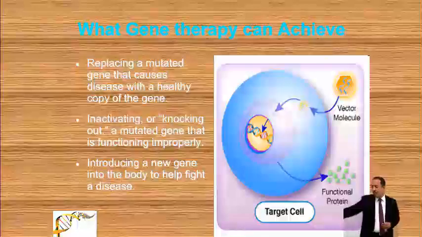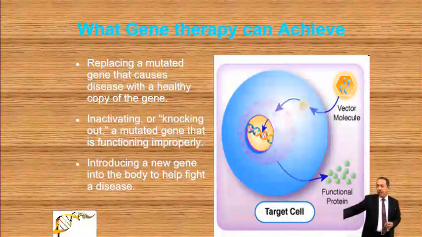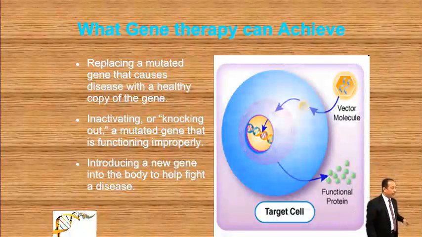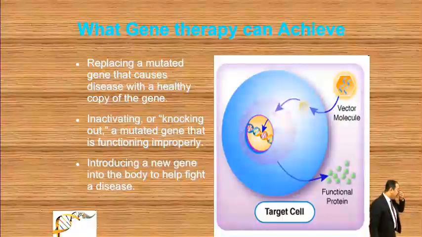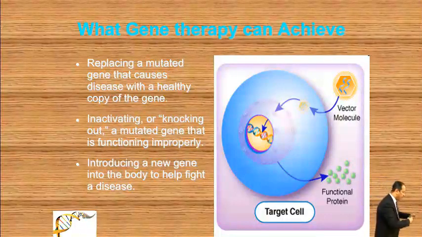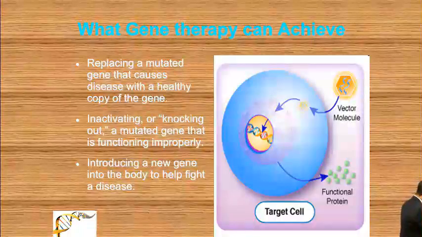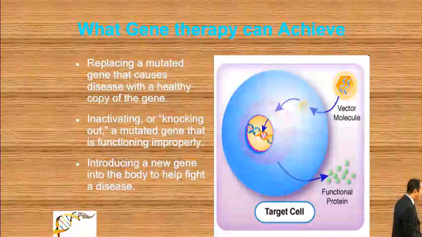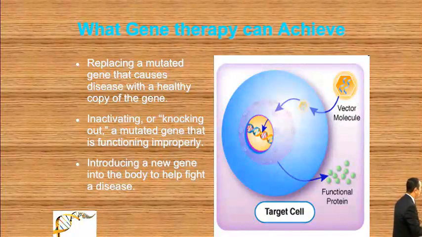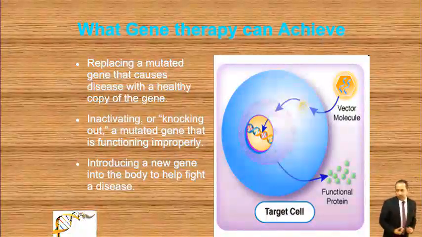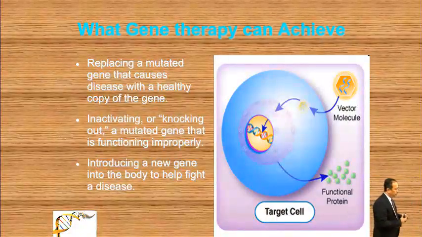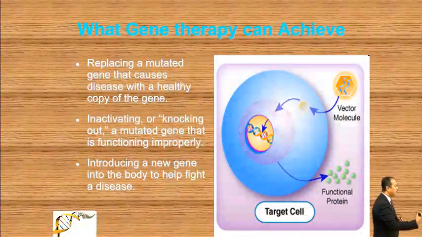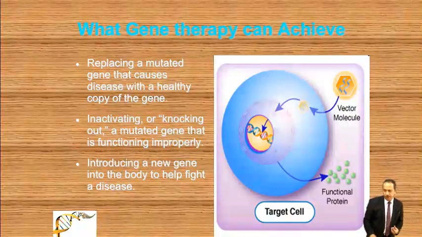After that, the therapeutic gene will give a functional protein instead of a dysfunctional protein. The goal here is to replace the dysfunctional protein, stop its continuous release, and create a functional protein. The functional protein coded by the functional gene will give healthy characteristics of life.